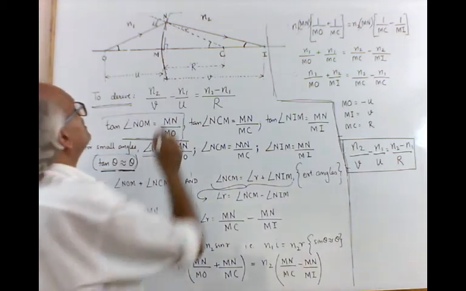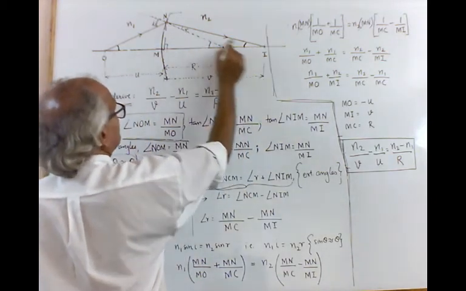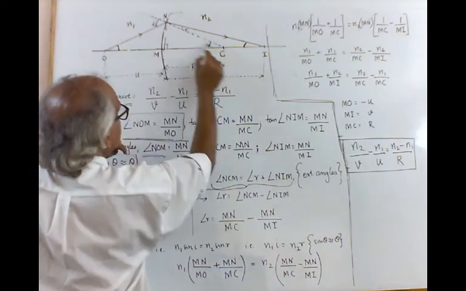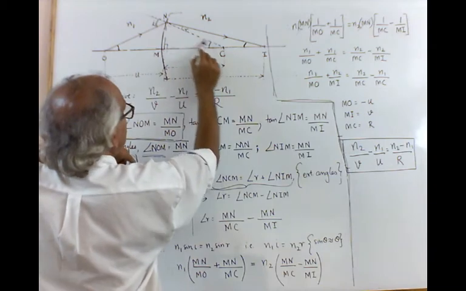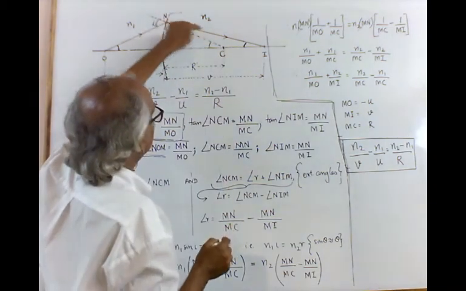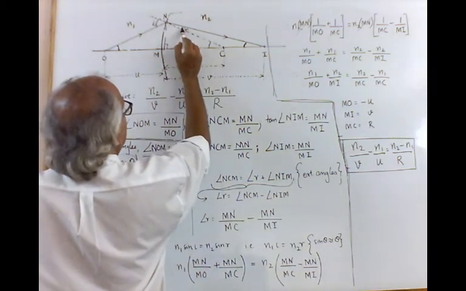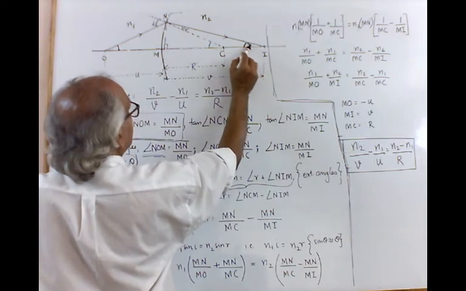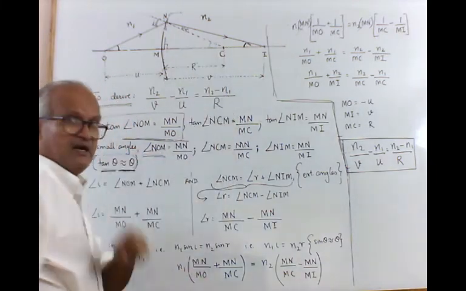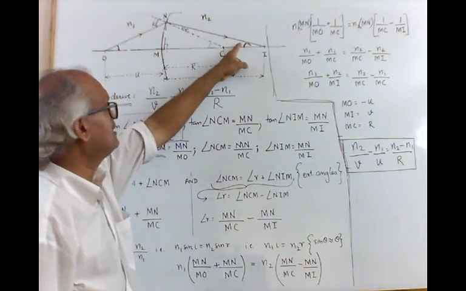Similarly, if you consider this obtuse triangle that you see here, in it this angle NCM is the exterior angle, and these two angles, angle R and angle NIM, are the two interior angles. Again, the exterior angle is equal to the sum of the other two interior angles.